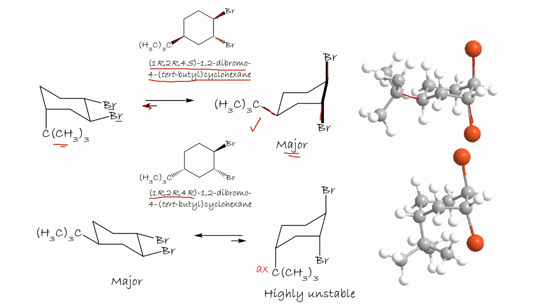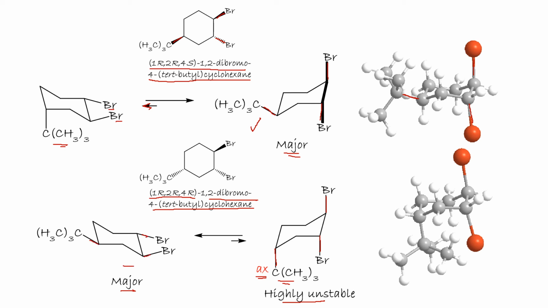Okay, 1R,2R,4R-1,2-dibromo-4-tertiary butyl cyclohexane. Br is up, Br is down, but the tertiary butyl is down, which means that it is axial. And this conformation is highly unstable because again the tertiary butyl is axial, and the major one will be equatorial, equatorial.